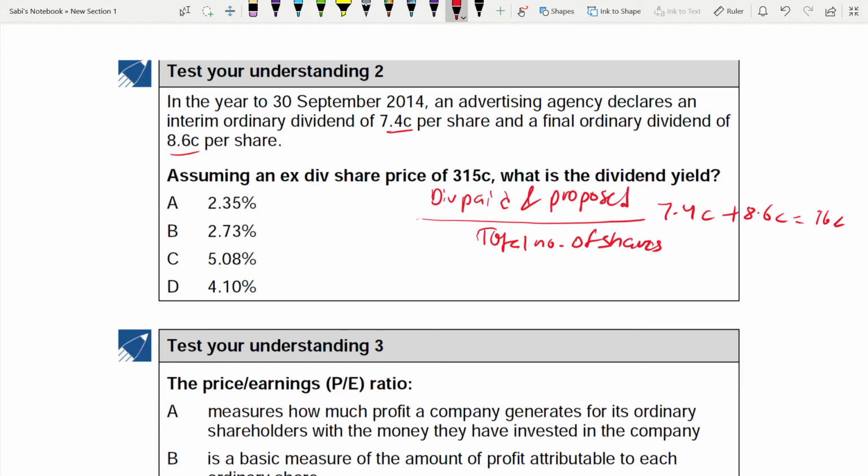That means 16 C divided by number of shares. What is the total number of shares? X dividend share price. Number of shares issued 315 C. Both are in C. So 16 divided by 315 multiplied by 100, which will be 5.08%. That means C is the right answer.